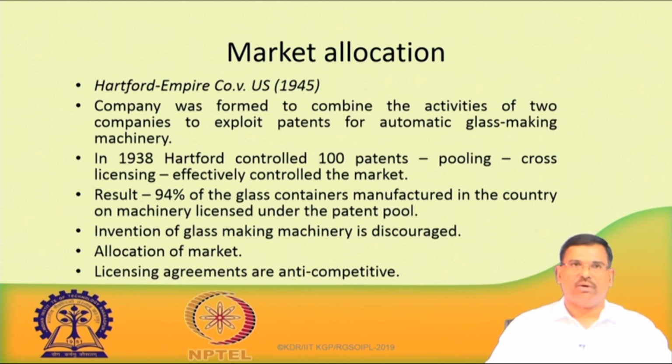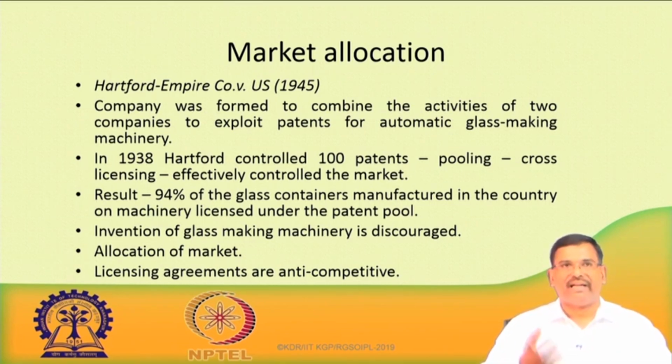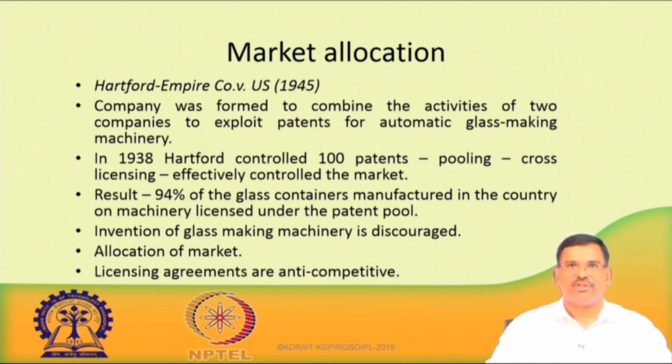These two companies owned around 94% of the complete glass manufacturing. Glass manufacturing means not only the glass, but the glass bottles as well. All materials made using glass depended on these machineries, and these two companies were responsible. These two companies had the patents for automatic glass making machineries.